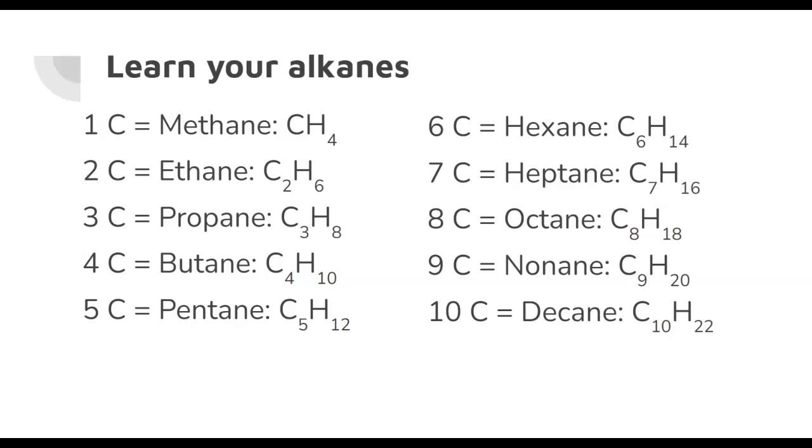Now, in terms of learning your alkanes, you'll notice that probably learning the name of a 5-carbon alkane all the way to a 10-carbon alkane is pretty straightforward, right? 5 is called pentane, sounds like pentagon.